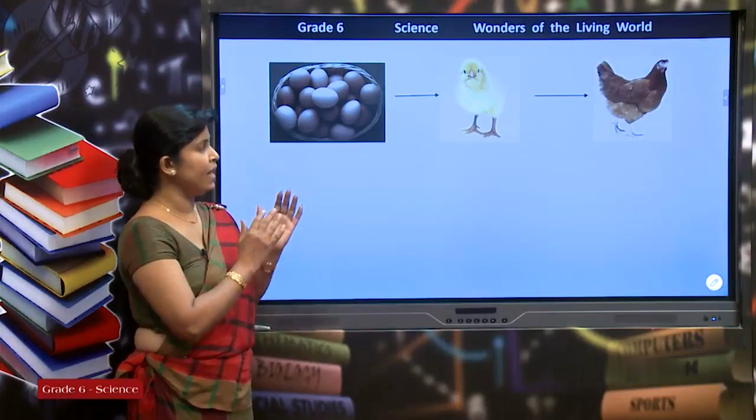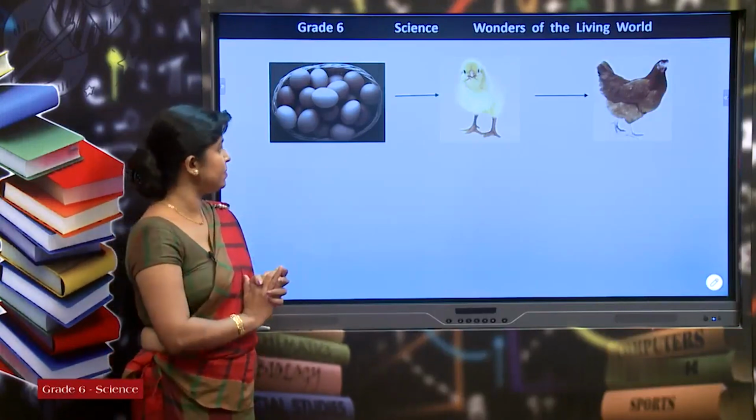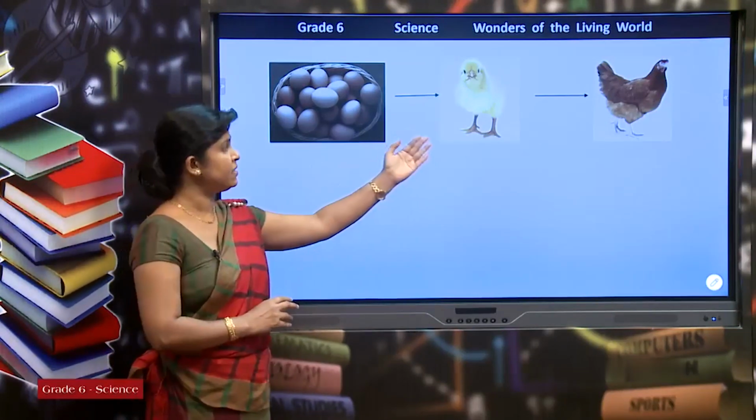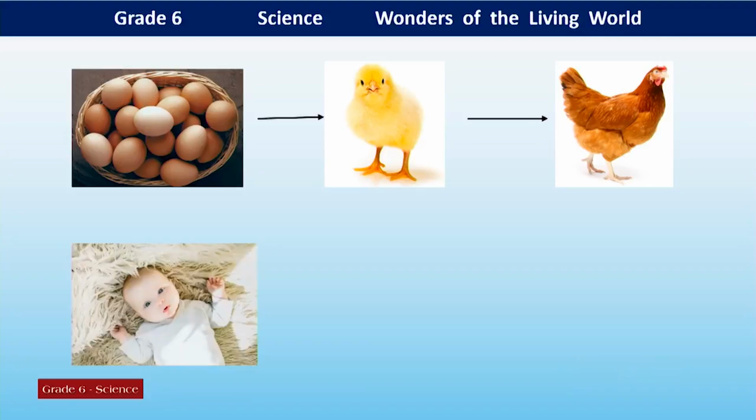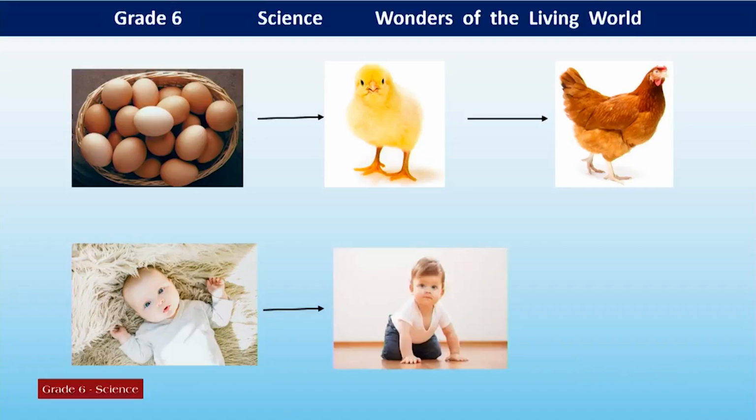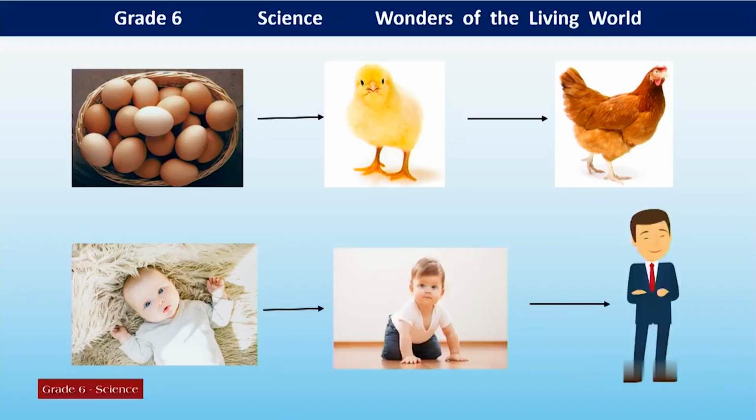I think you can understand the sequence. Eggs, then the chick comes out from the eggs and there is a cock or a hen. A small baby, then he has become a child and a matured man. By looking at the pictures, you can easily understand what growth is.